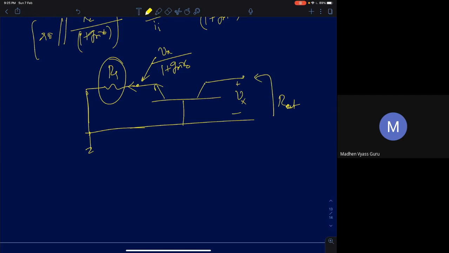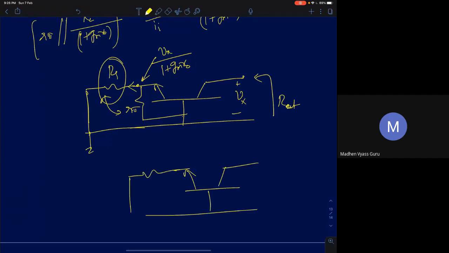You should also see that between base and emitter there is a resistance R pi as well, so you include Rs and R pi in parallel. I can model it as a single resistance of value Rs parallel R pi.